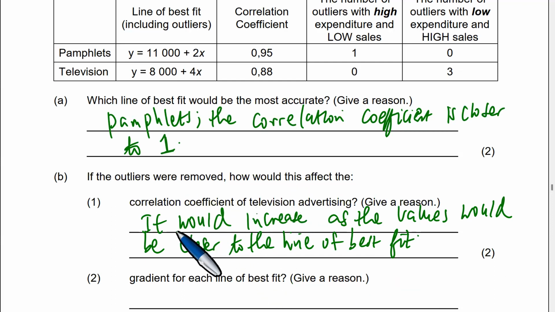If you remove the outliers, it would increase the correlation coefficient, like we said yesterday or the day before, as the values would be closer to the line of best fit.